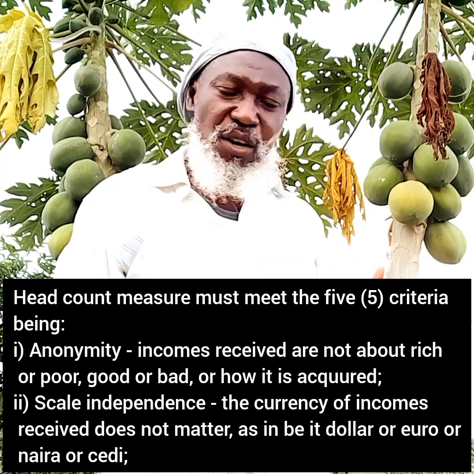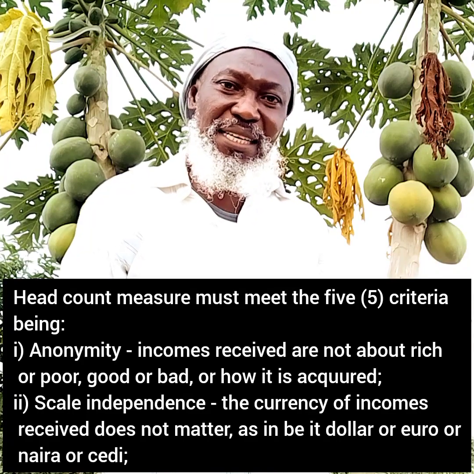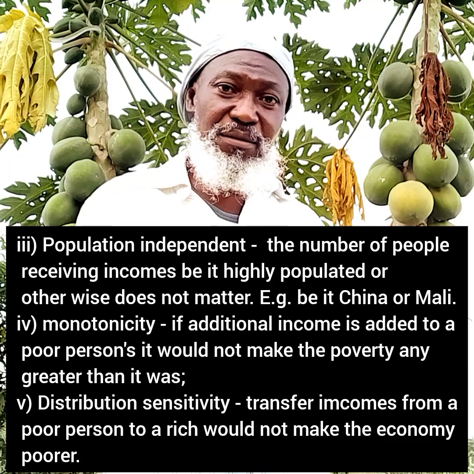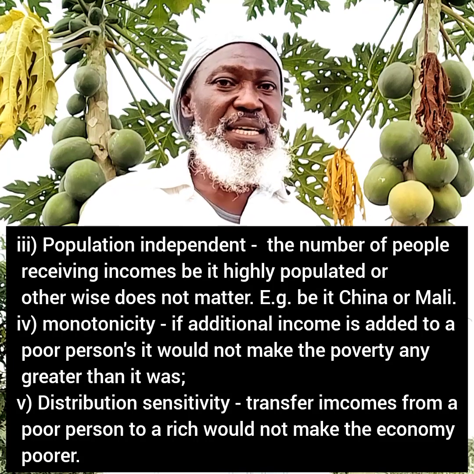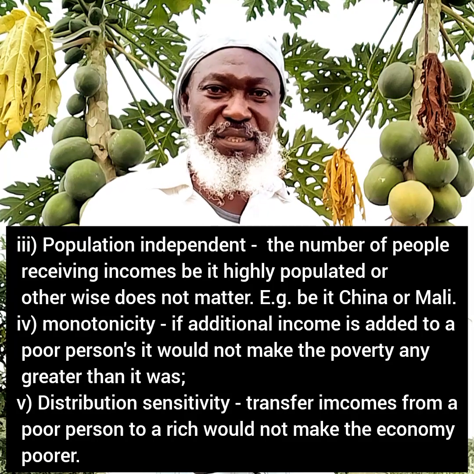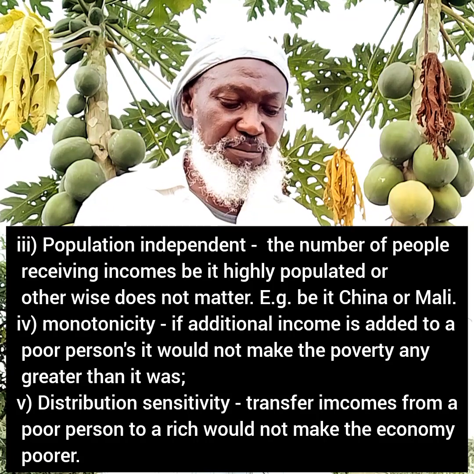The other condition is scale independence, which means it doesn't matter the currency you measured in. The other is population independence. It doesn't matter which country, whether highly or lowly populated, whether it's China or India or Mali, like we indicated.